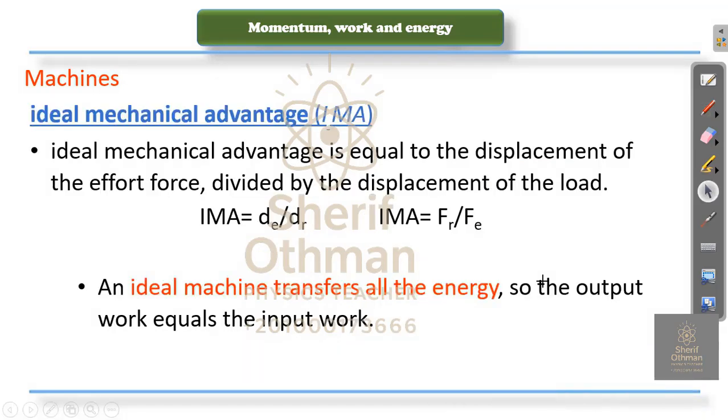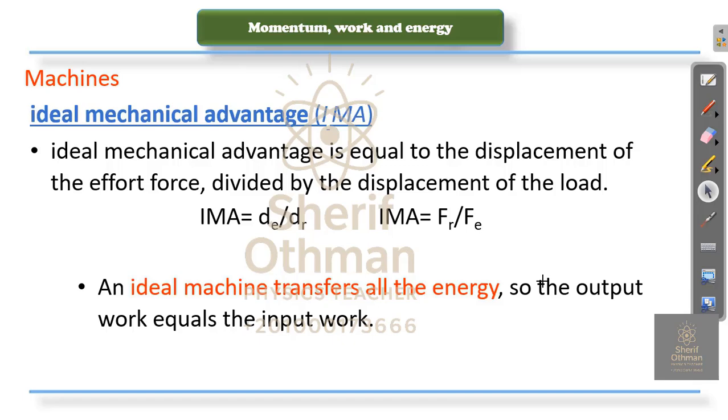The mechanical advantage, guys. What is the mechanical advantage? Mechanical advantage is how useful this machine is and how much effort it can save. The more effort saved, the more advantage the machine has. The ideal advantage is when the machine is ideal in its work: there is no loss in work before and after.